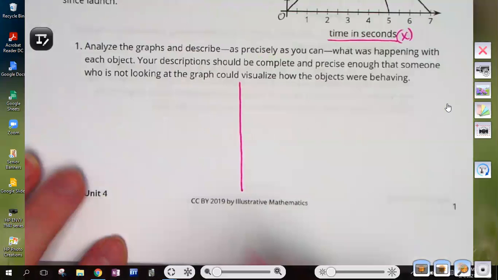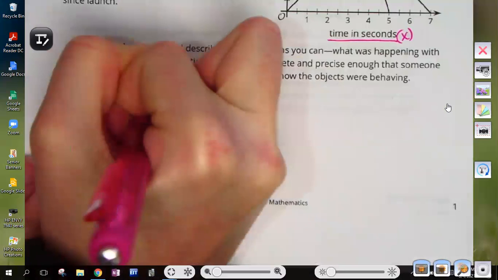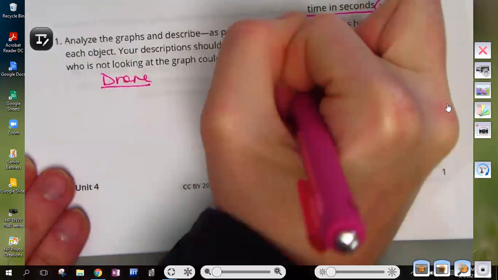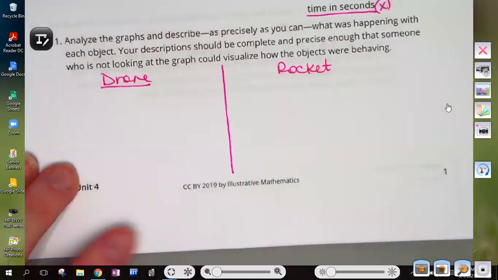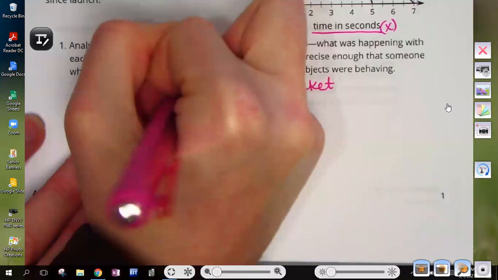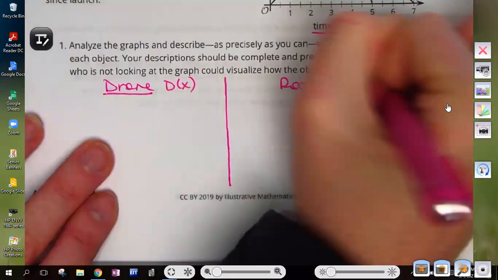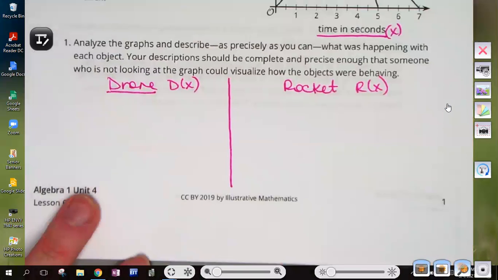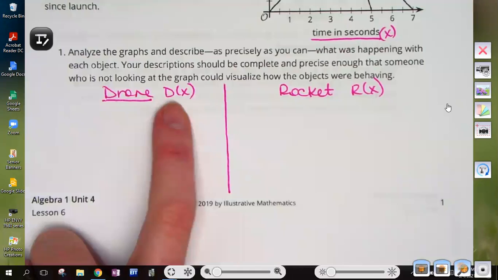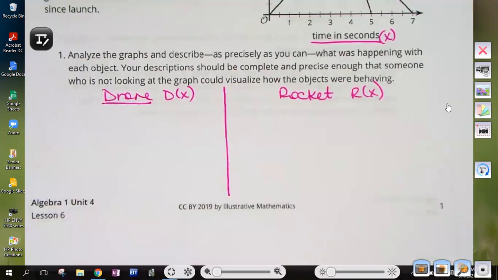Let's do the drone. Okay, so I'm going to do the rocket over here. Right, just for kicks and giggles, I'm going to write it as the function name. D of x, R of x. Okay.